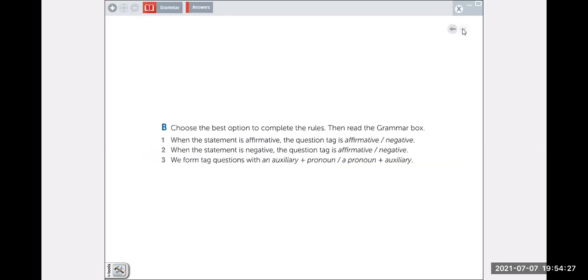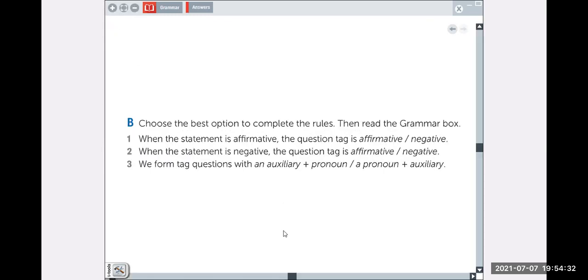Let's go to number 5. Choose the best option to complete the rules. Okay, number 1. When the statement is affirmative, the tag question is negative. Very good. When the statement is negative, the tag question is affirmative.